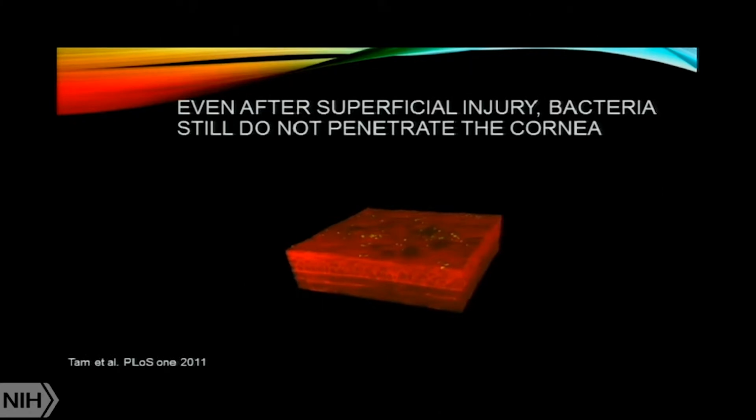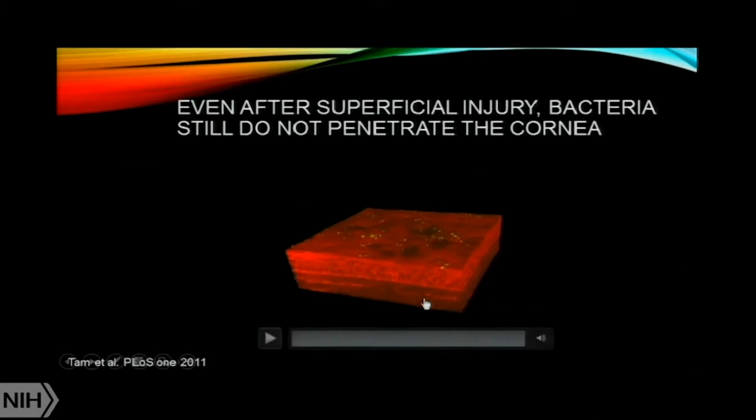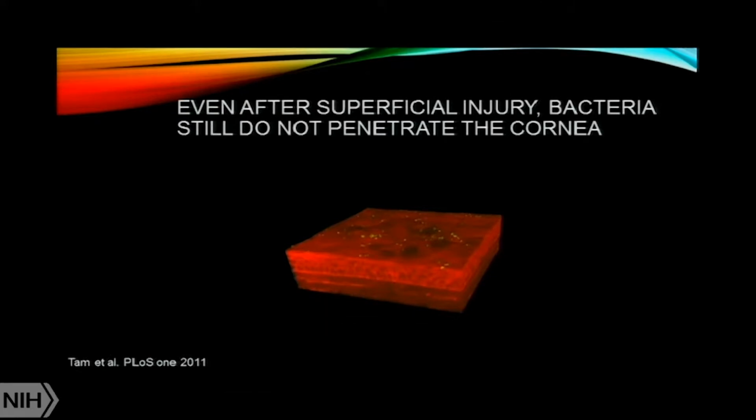To get this bacteria to stick to the surface, she had to superficially abrade it with tissue blotting paper. Otherwise, the bacteria just fell off. And you can see it hasn't penetrated down to the stroma yet. The only way you can get it to penetrate the stroma is to actually injure the stroma.